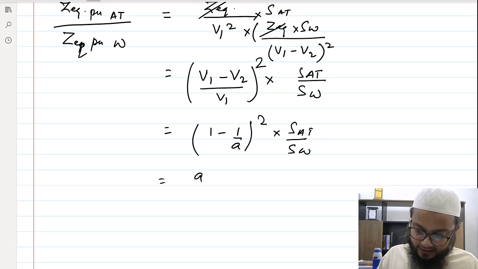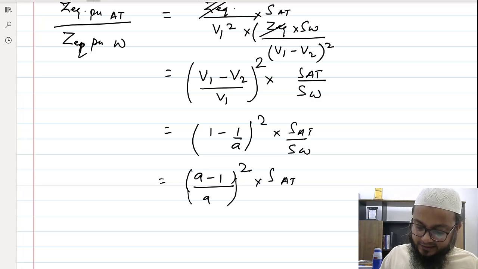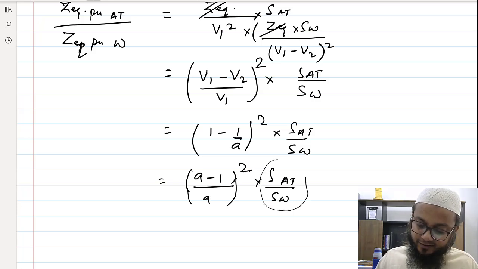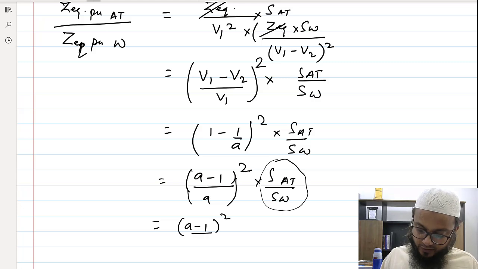And this is ((A minus 1) upon A) whole square into SAT upon SW. And this ratio we have already calculated before: that ratio was A upon A minus 1.